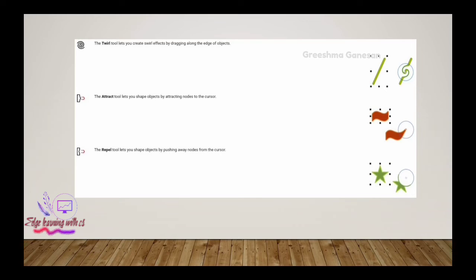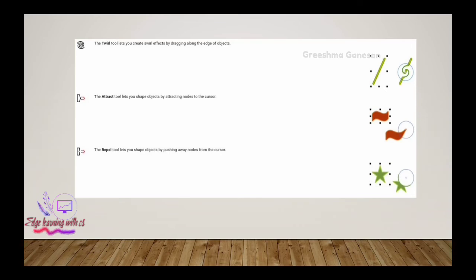Then the next one is the attract tool. It lets you shape objects by attracting nodes to the cursor. You can compare the first image with the second image. So we have an attractive corner here. We can make it simply with our cursor.